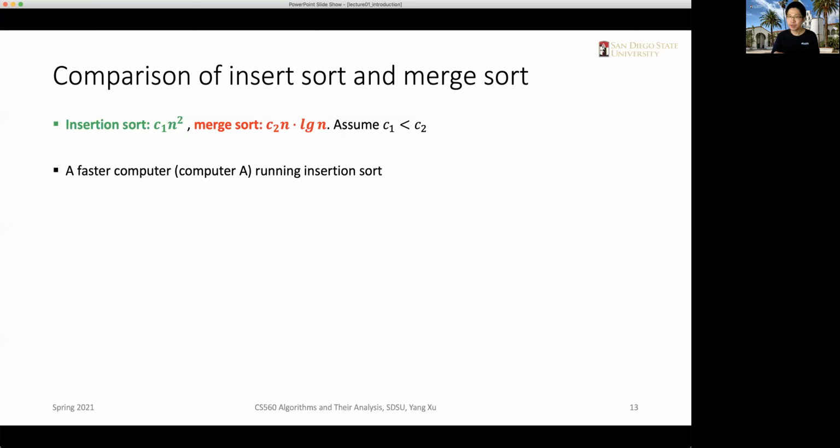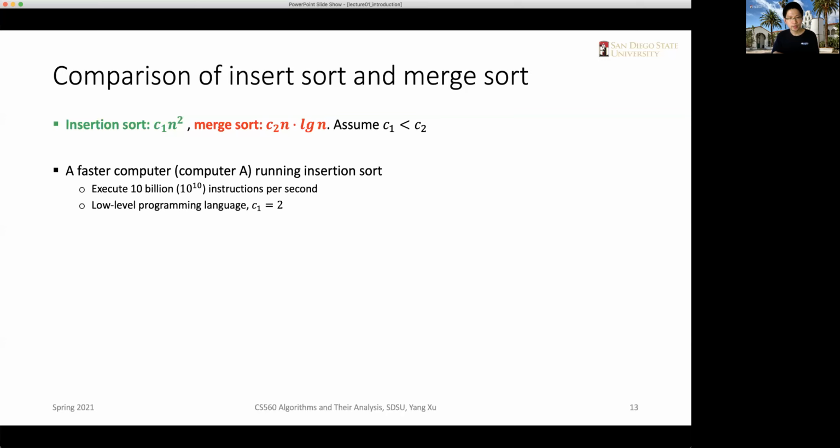Say we run the insertion sort on a faster computer, so that C1 is smaller. We assume that this fast computer can execute 10 billion instructions per second, which is fantastic.